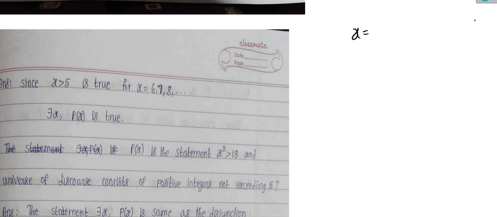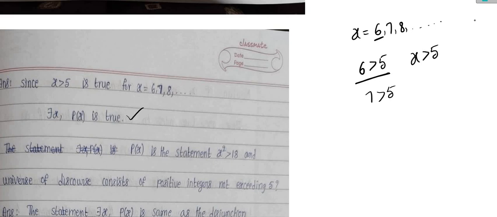If we take x equal to 6, 7, 8 and so on, at least 1 is okay. Here 6 is greater than 5. We find one x such that x is greater than 5. That's why this is true. 7 is also greater than 5, but 1 is enough. That's why I explained by taking 6 only.